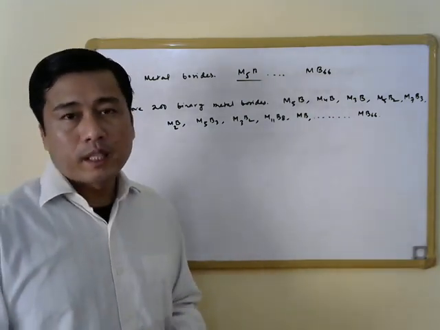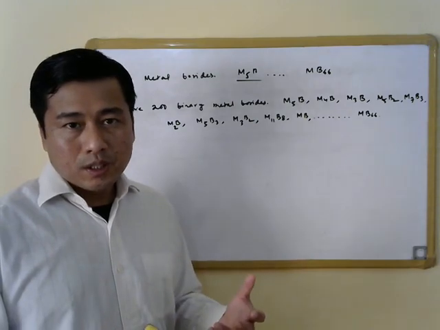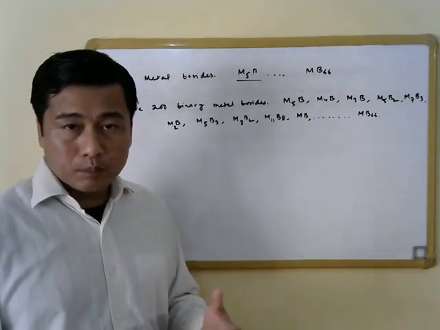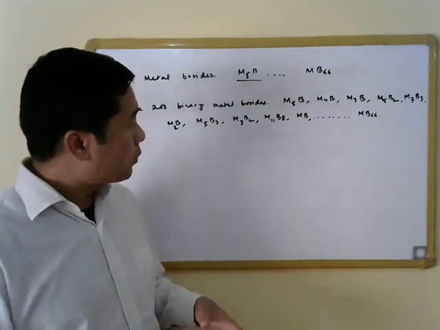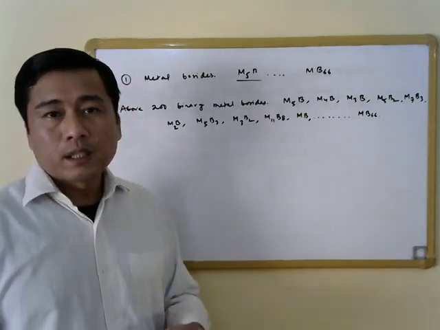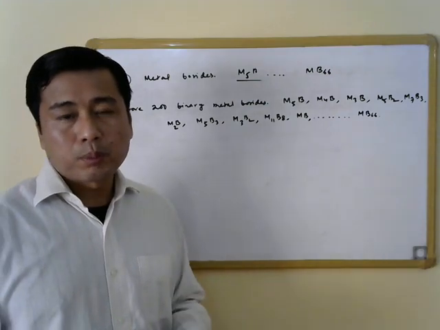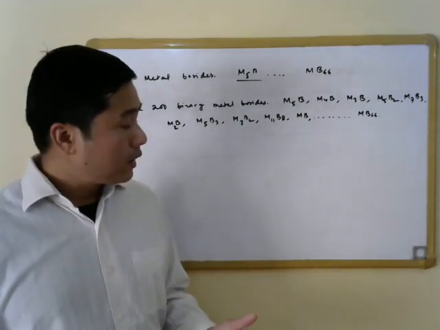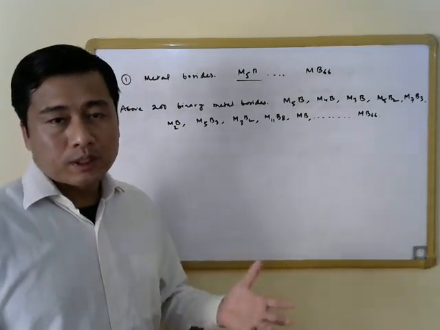Large numbers of examples of these metal borides have already been reported. Now we have already said that the structures of many of these metal borides are highly unusual and not observed in any other compounds.